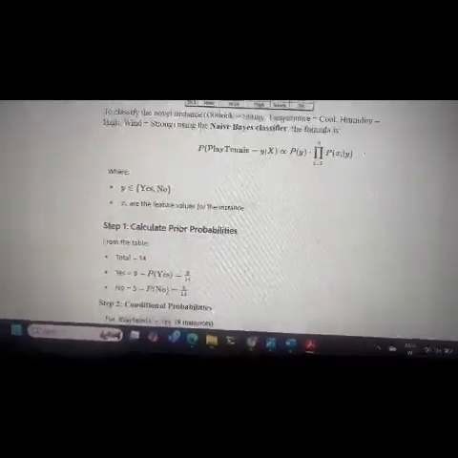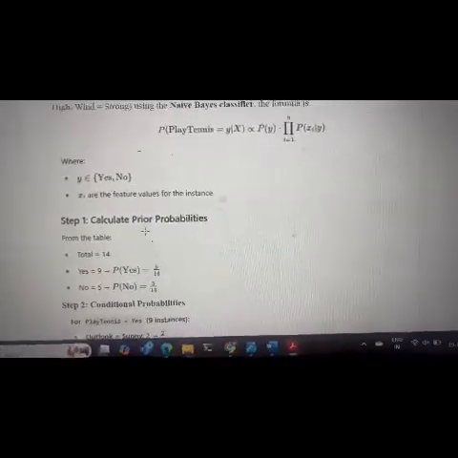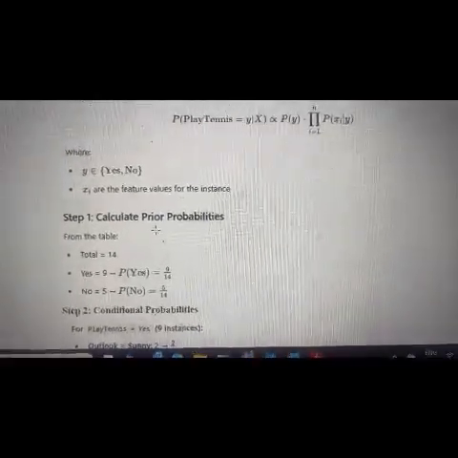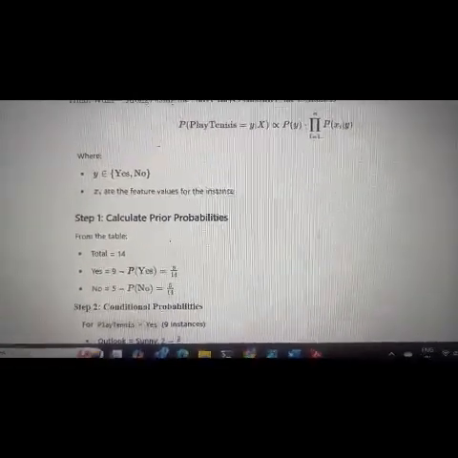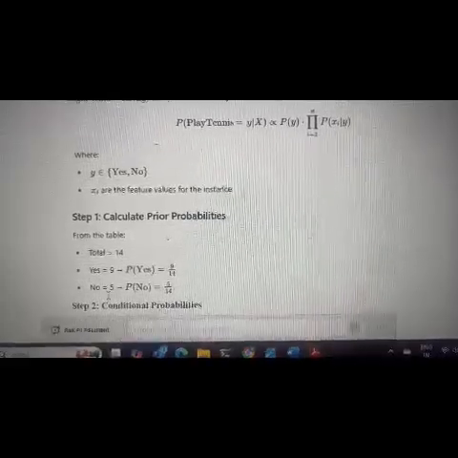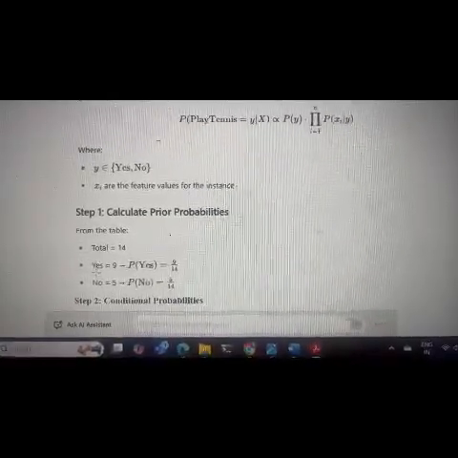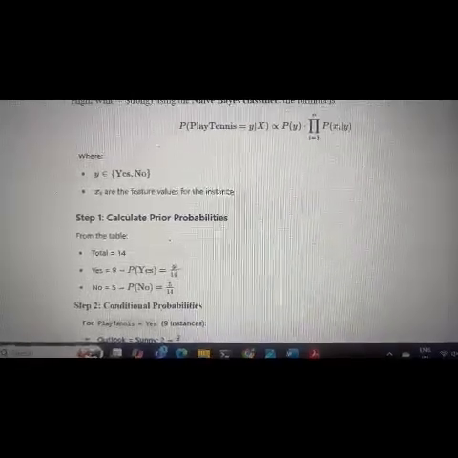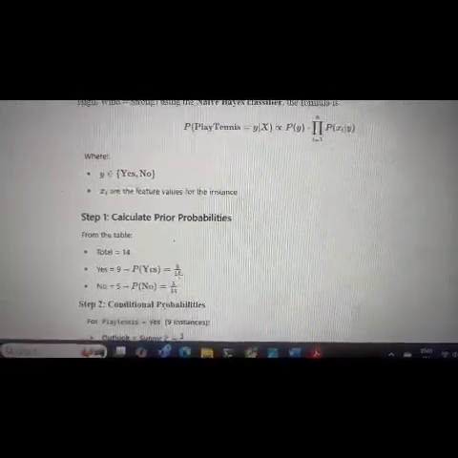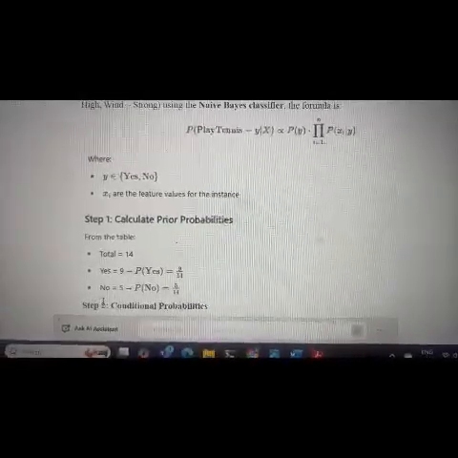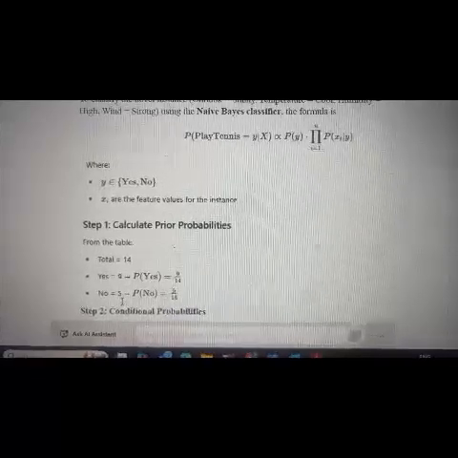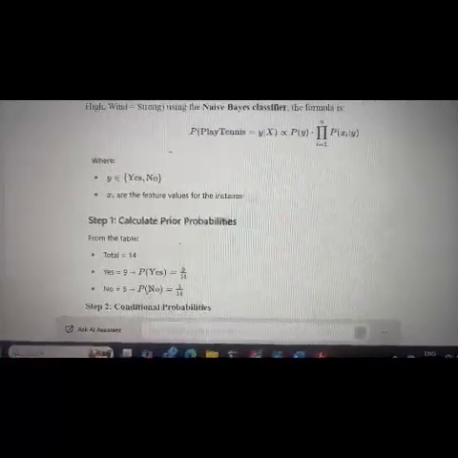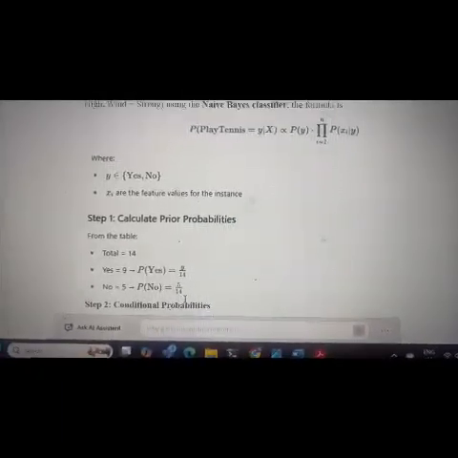Now the first step is to calculate the prior probabilities. From the table we can see there are 14 different instances, and out of these, on 9 days they have played tennis. So the probability of yes is 9 by 14, and on 5 days they have not played tennis, so the probability of no is 5 by 14.